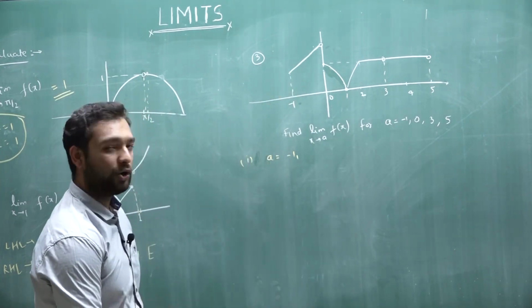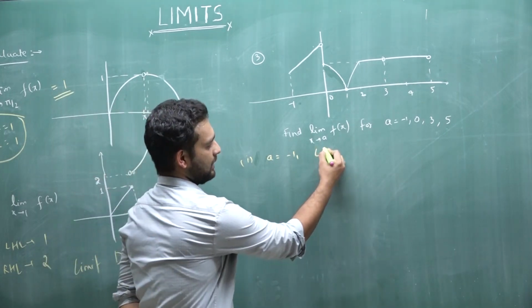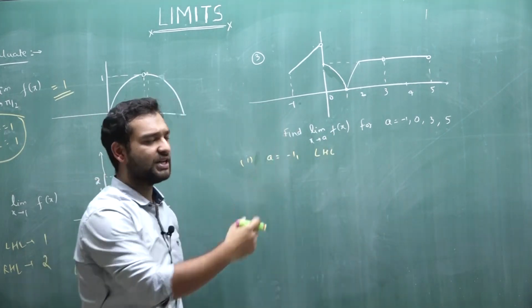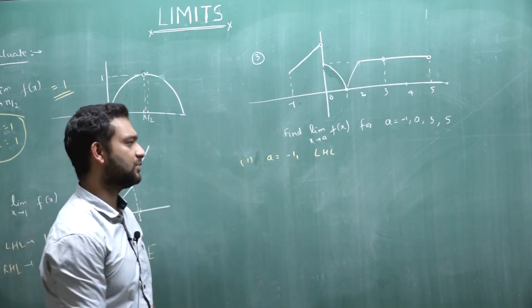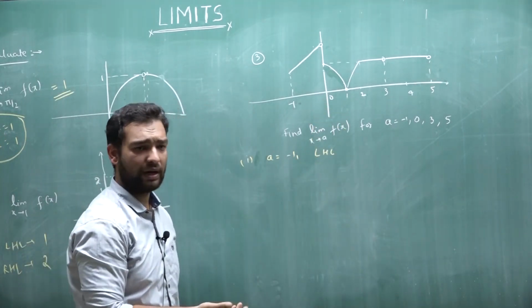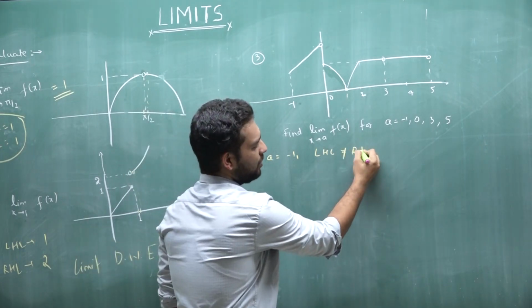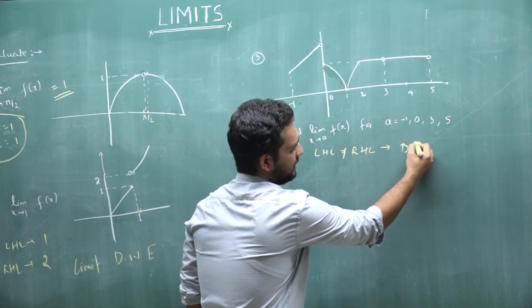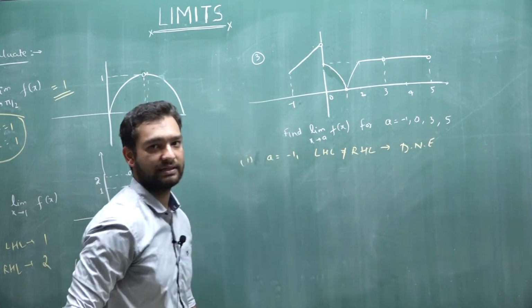So we write: LHL is not there, the function is not defined for the left hand side of -1. RHL is there, but we can't say both will be equal. LHL will not be equal to RHL, and we'll say the limit does not exist.